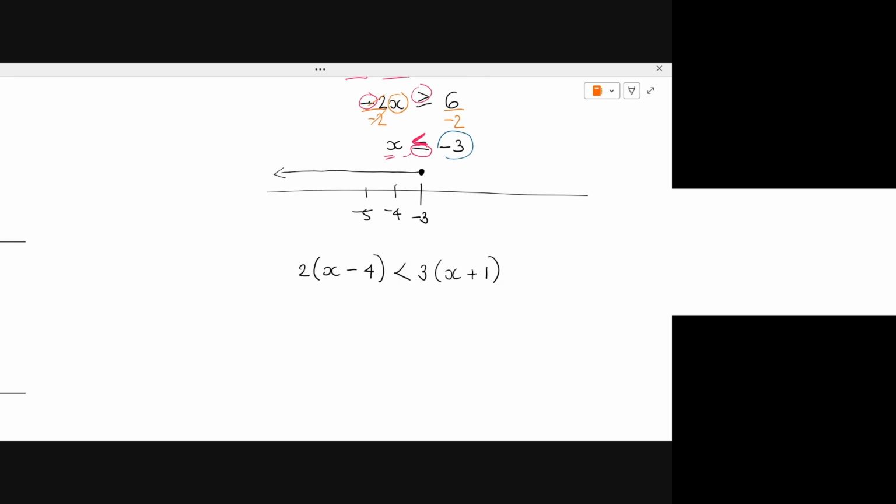Miss, do we have to do this problem? Try and do it. Yes, it's for you guys to try.